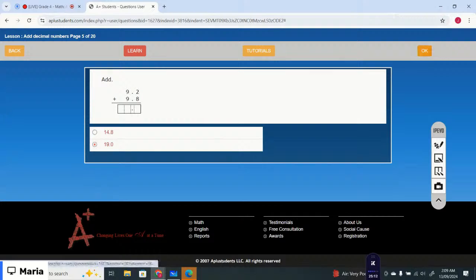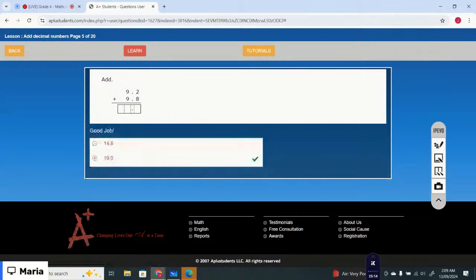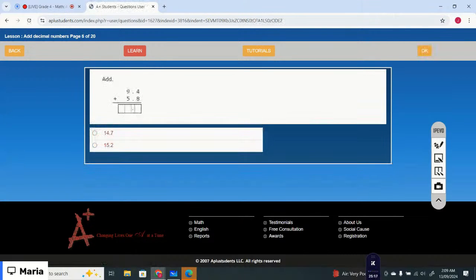Okay, the next one is 9.4 plus 5.8, which is the correct option?